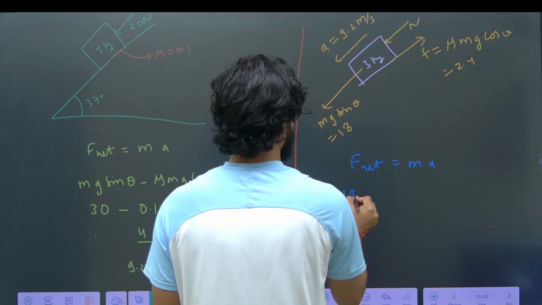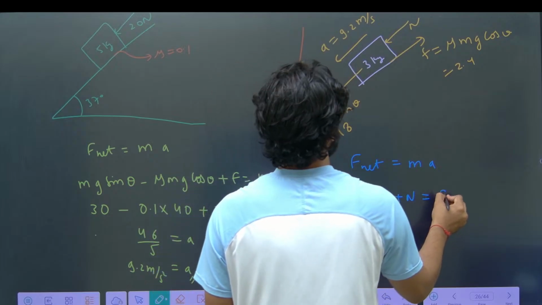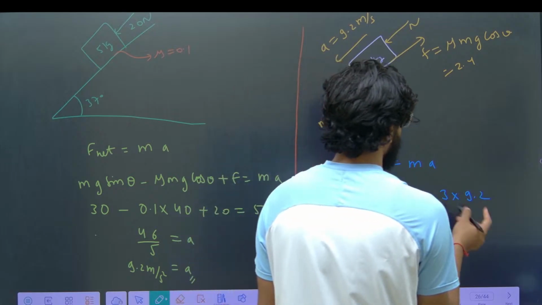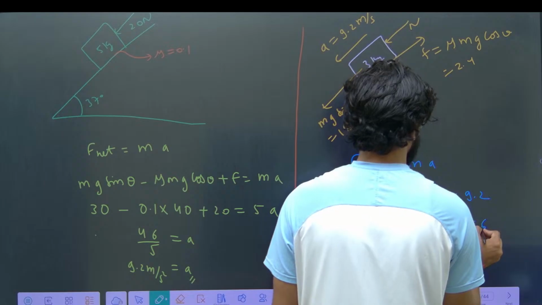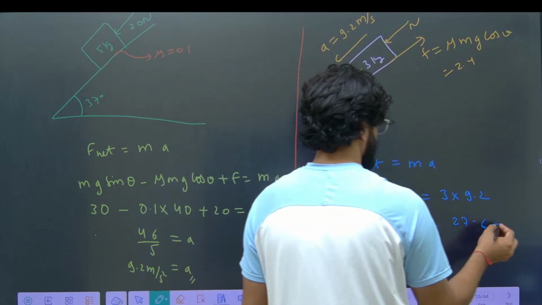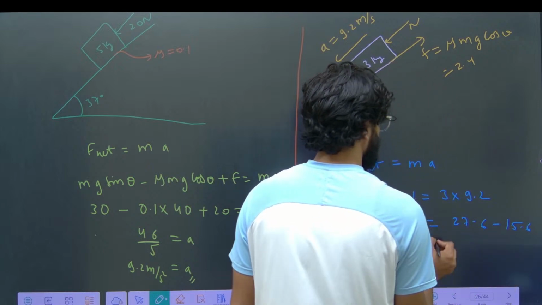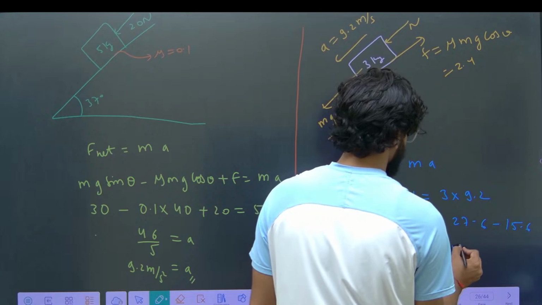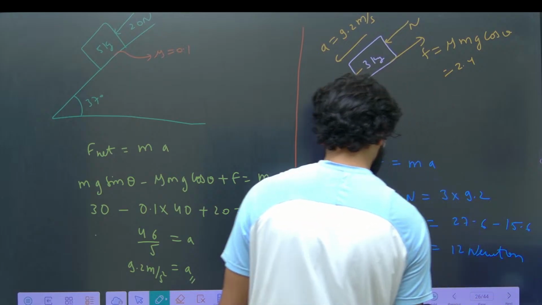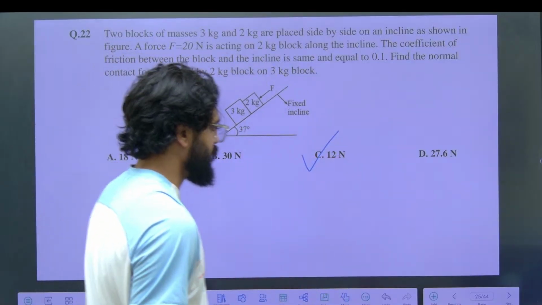So 18 minus 2.4 plus n equals 3 into 9.2. Now whatever is the answer is correct. 27.6 minus 15.6, so over here it will be 12 Newton. Okay, 22.